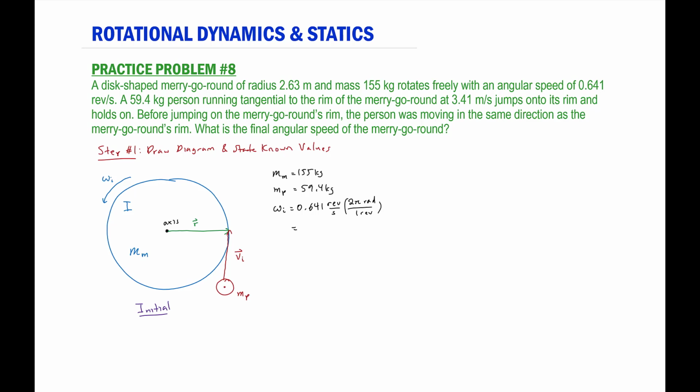So that means omega i is equal to 4.0275 radians per second. We also know the radius is equal to 2.63 meters, and we know that the moment of inertia is 1/2 the mass of the merry-go-round times r squared.